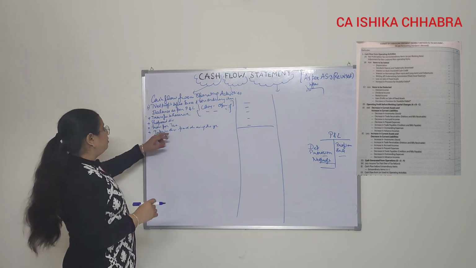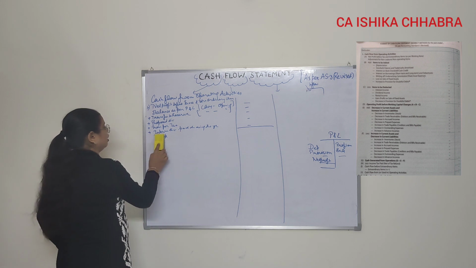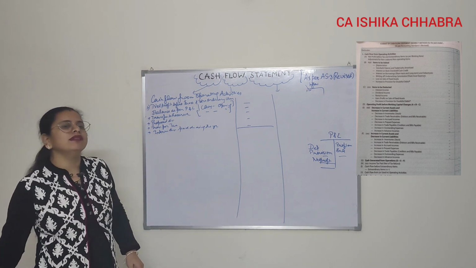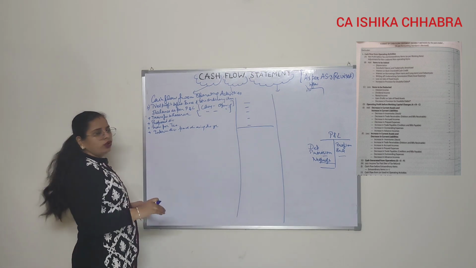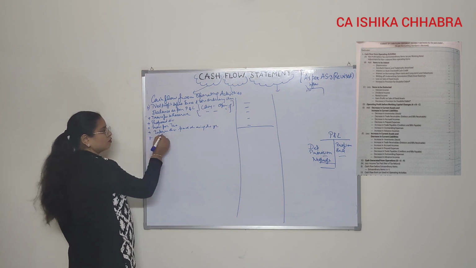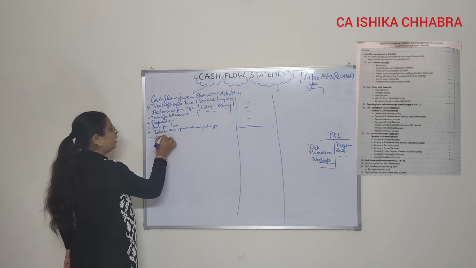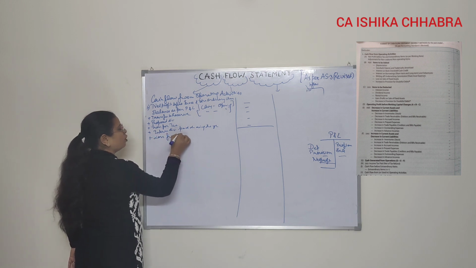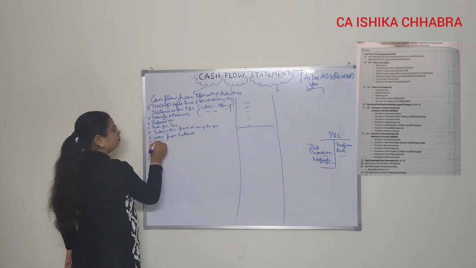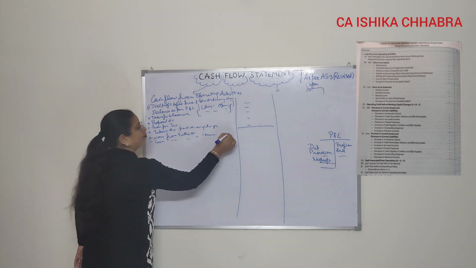Also, sometimes there are extraordinary items, like an earthquake has come or you have got some compensation. That is not of the nature of all these things. So in case of extraordinary loss, we will add it. Loss we will add for extraordinary items, and profit we will subtract from extraordinary items.